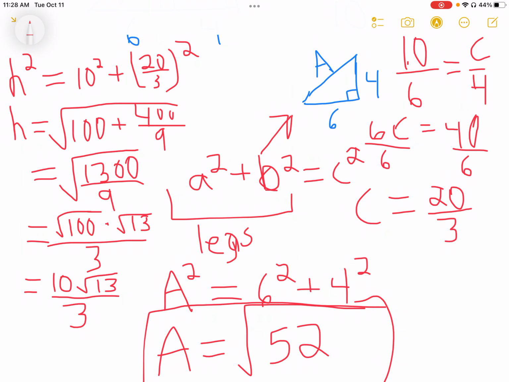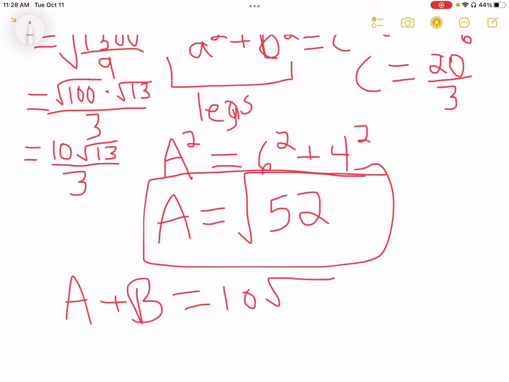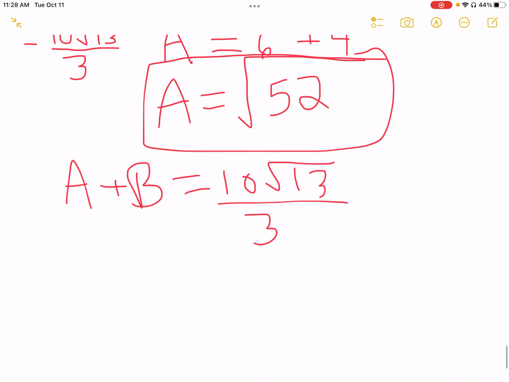All right, now I can use what I know down here. So my a plus b is equal to this value that I just found, right? It's 10 square root of 13 over 3. But I know my a is square root of 52, right? Let's give myself a little bit more room here.